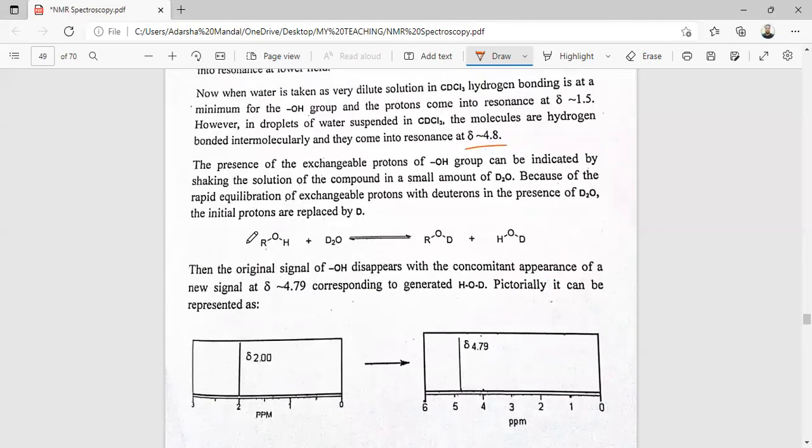So that means in the alcohol, when we take D2O as a solvent, this OH is exchanged by OD. So this OH comes at 2.0, but here this OHD comes at 4.79.